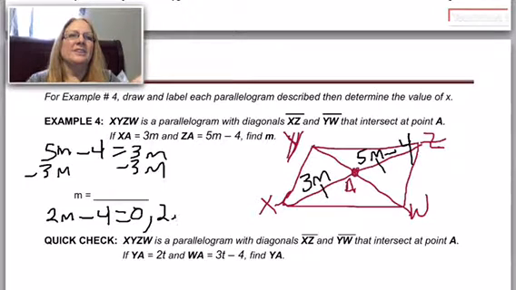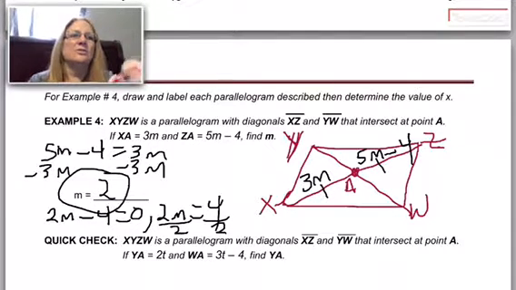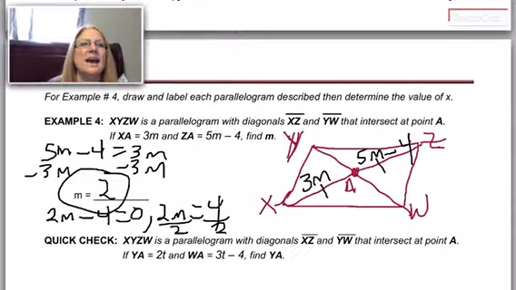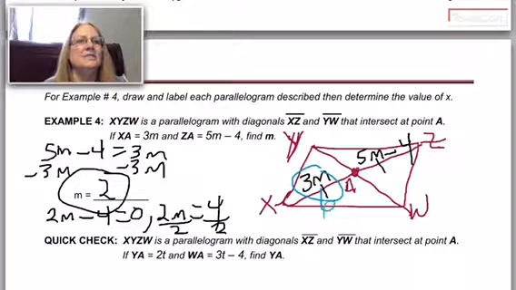Add 4, and you get 2m is equal to 4. Divide by 2, and m is equal to 2. You can always go back and substitute in and make sure that that's correct. So 3 times 2 is 6. 5 times 2 minus 4 is also 6.